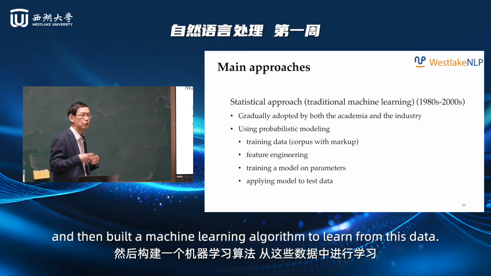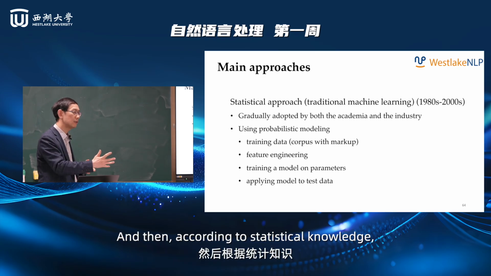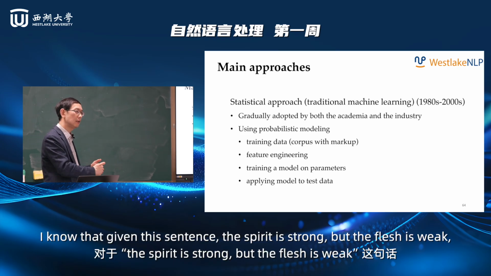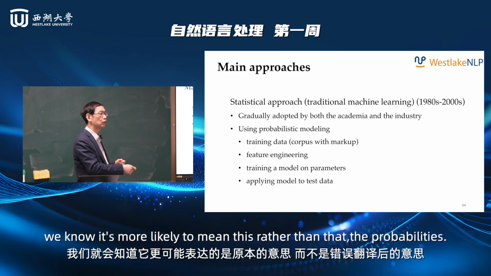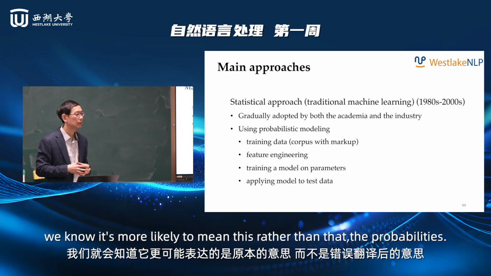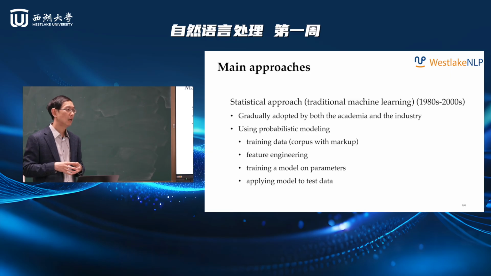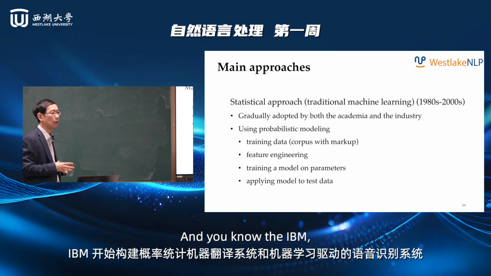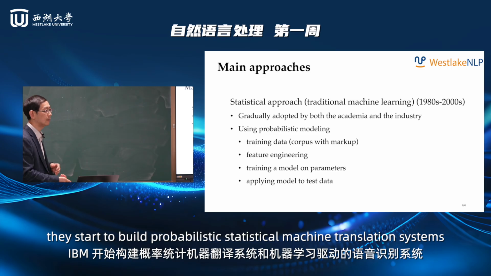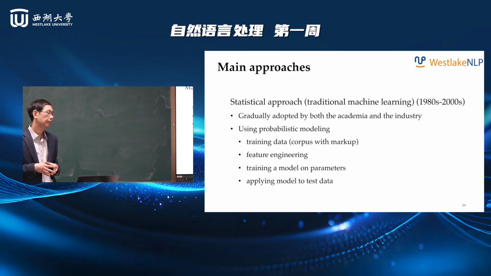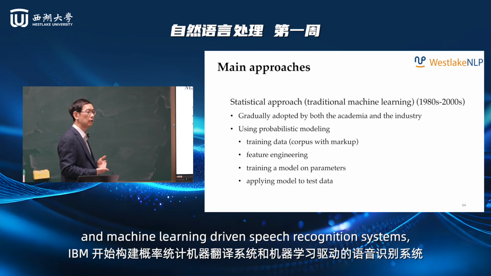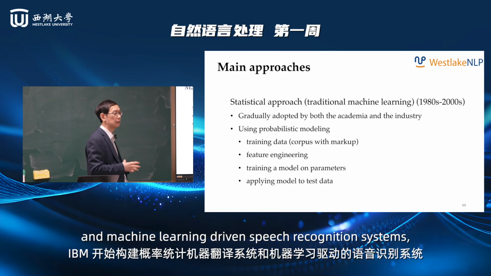And then I build a machine learning algorithm, okay, to learn from this data. And then according to statistical knowledge, given this sentence, "the spirit is strong, but the flesh is weak," we know it's more likely to mean this rather than that, the probabilities, okay? And the IBM, they started to build probabilistic statistical machine translation systems and machine learning driven speech recognition systems.